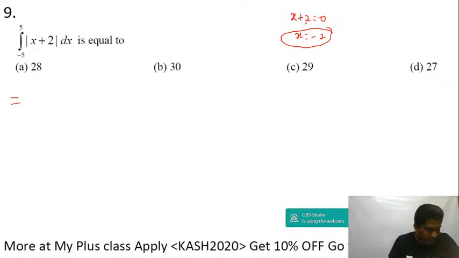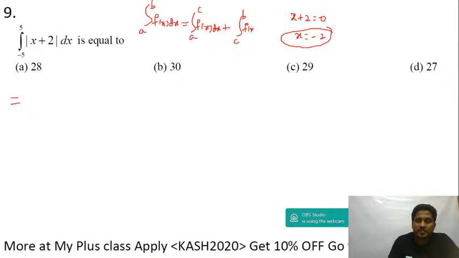Now, property 3 of definite integrals: when you have the integration of f of x dx from a to b, it can be written as a to c plus c to b, where c lies between the lower limit and the upper limit. So this is c, minus 2.